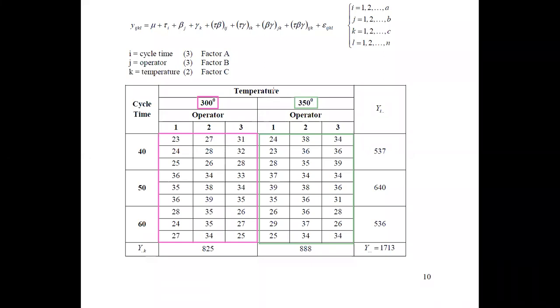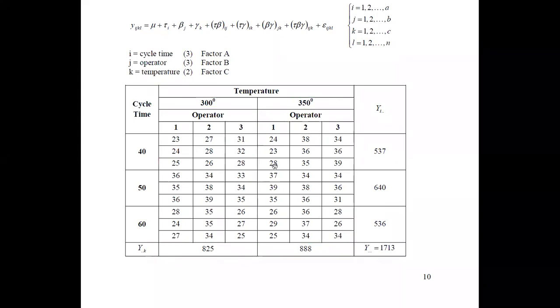Since we have already identified this temperature as factor C, you can name this as y double dot k, since k is the levels, k number of levels are included in factor C. Therefore, the totals are 825 and 888. This is how we are getting the totals for factor A and factor C.